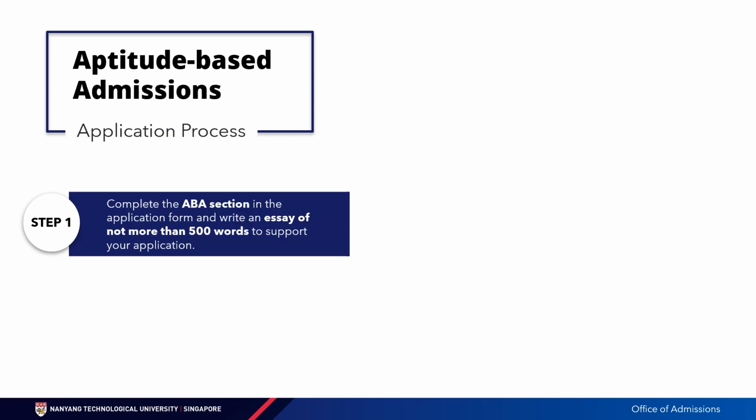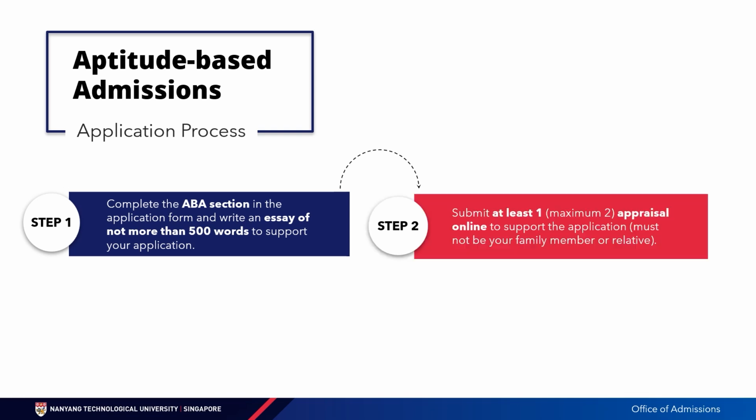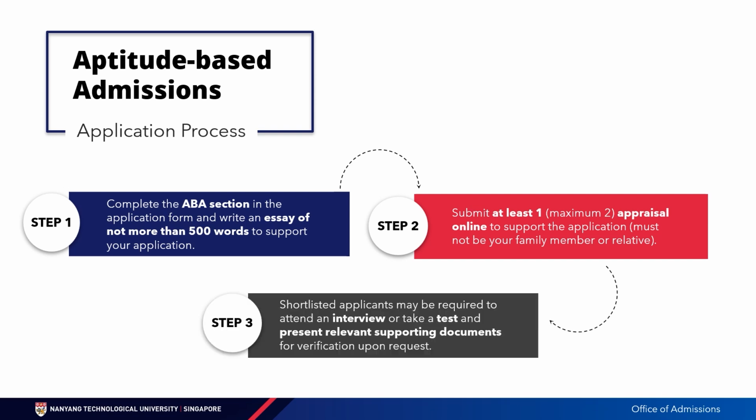Applicants are encouraged to provide details on their achievements, an essay of not more than 500 words under the ABA section of the application form, and submit at least one, maximum 2, appraisals online to support their applications. Shortlisted candidates may be required to attend an interview and present relevant supporting documents for verification upon request.